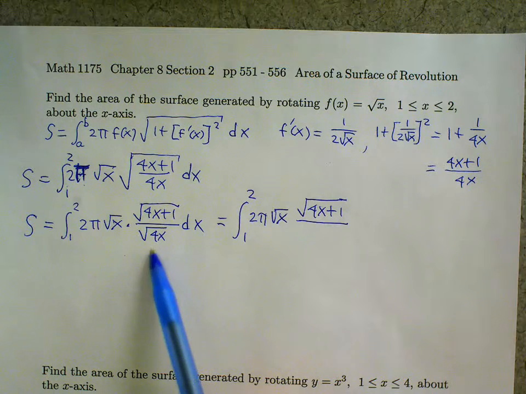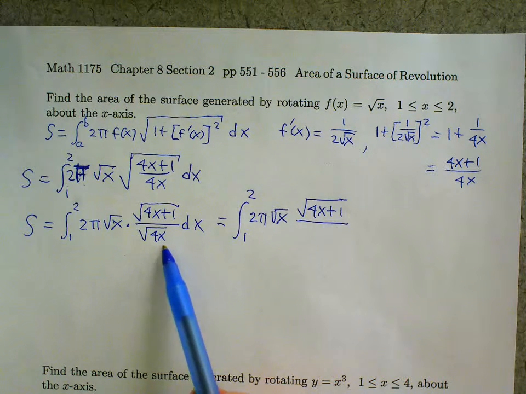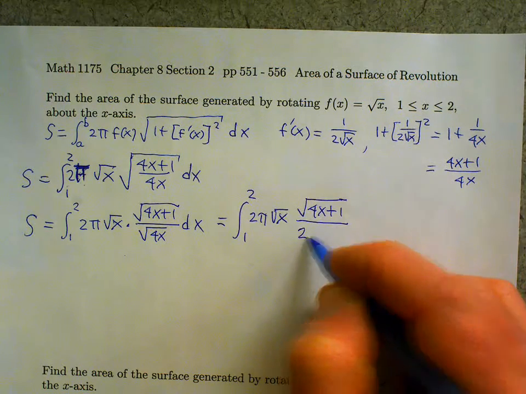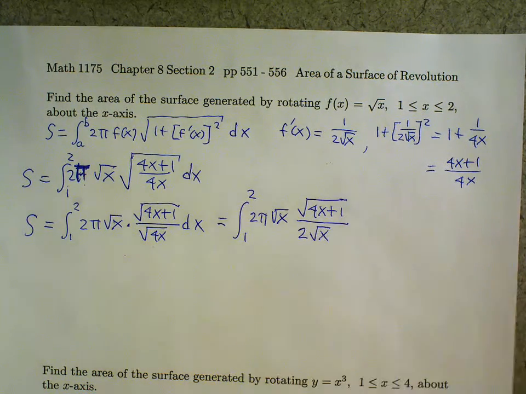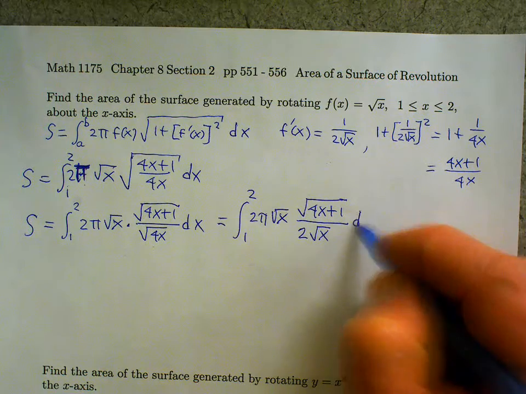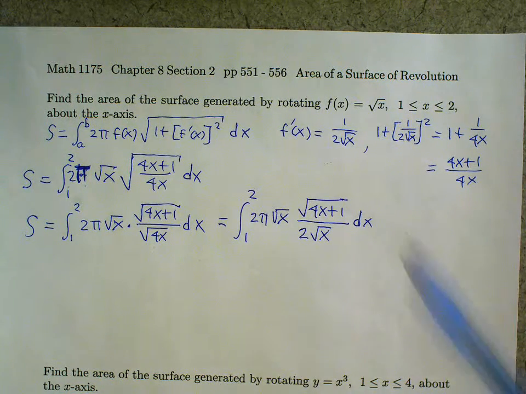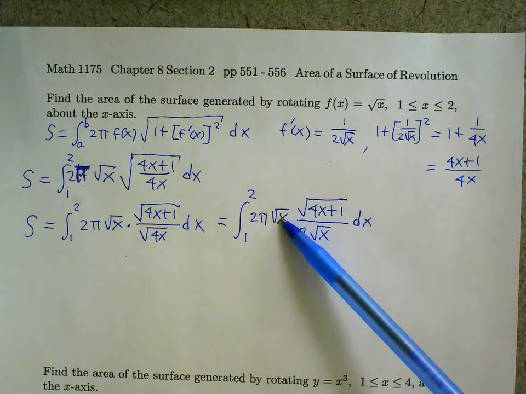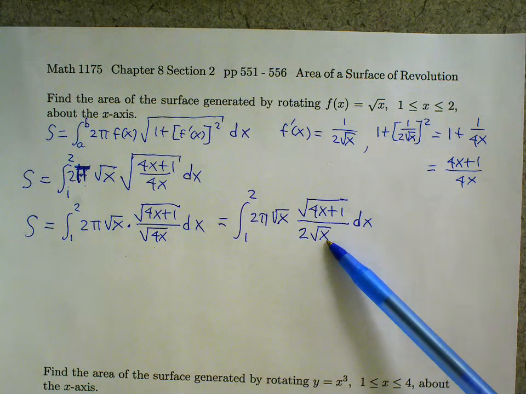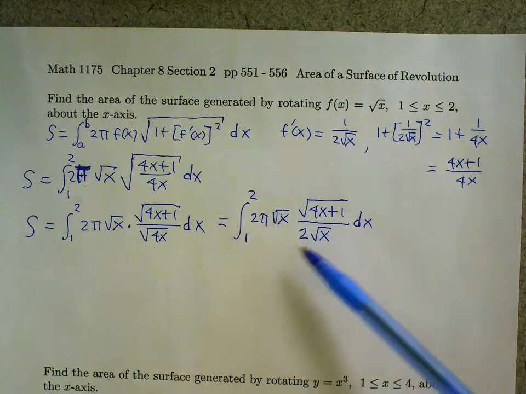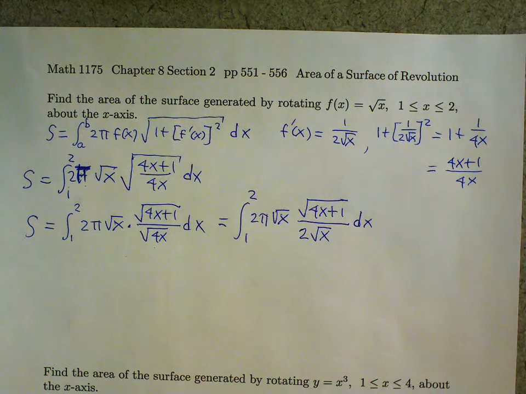When we simplify the square root of 4x, the square root of 4 is 2, so we have 2 outside of the square root, and then the square root of x. Hey, we get another nice cancellation. The square root of x from the numerator divided by the square root of x from the denominator equals 1. 2 pi divided by 2 is pi.